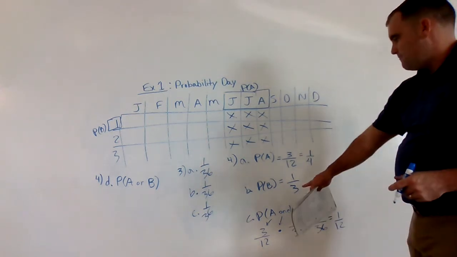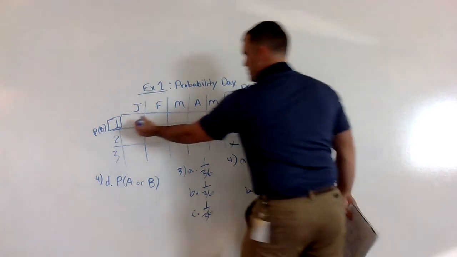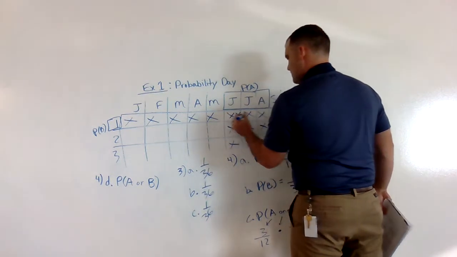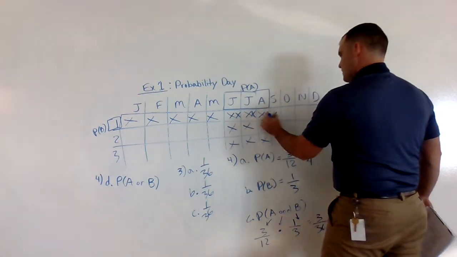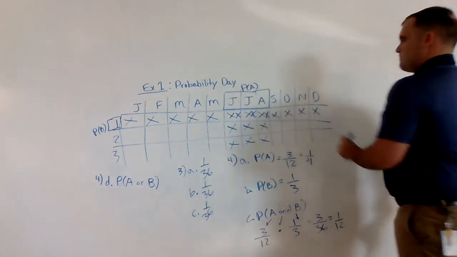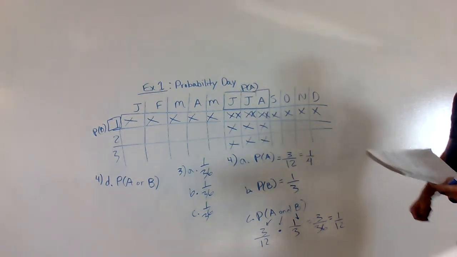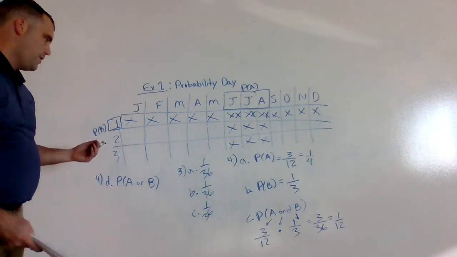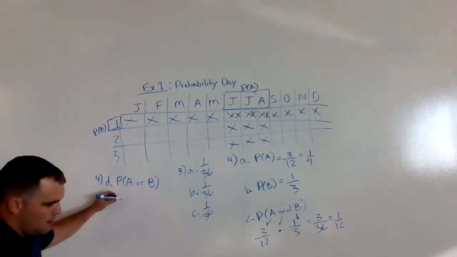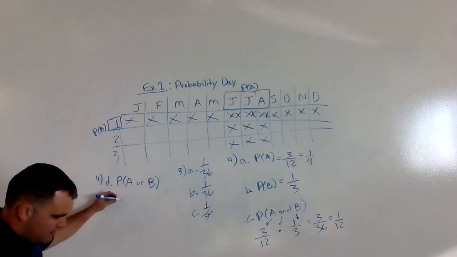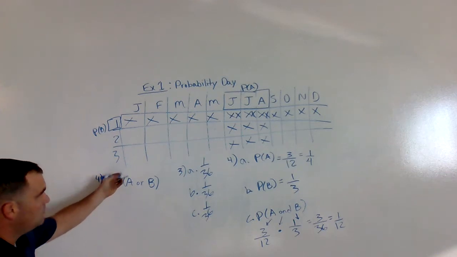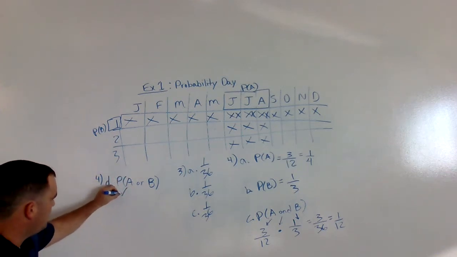Now the probability of B, that's going to be all of these guys. The question that we asked in class today was, the probability of A occurring was, just make sure that we get this right, 3 out of 12 or 9 out of 36, however you want to think about it.